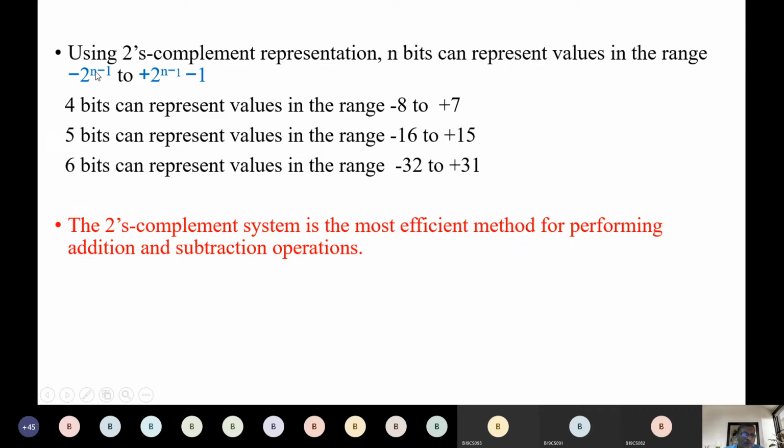So minus 2 to the power of 4 minus 1, 3. So it's minus 8 to 8 minus 1, which is 7. So with 4-bit 2's complement representation, you can represent minus 8 to plus 7.